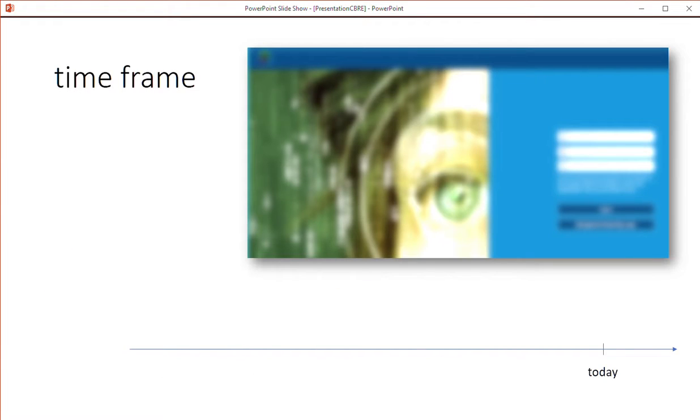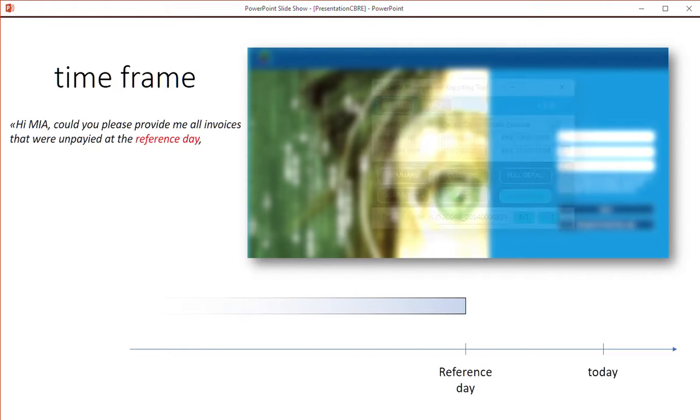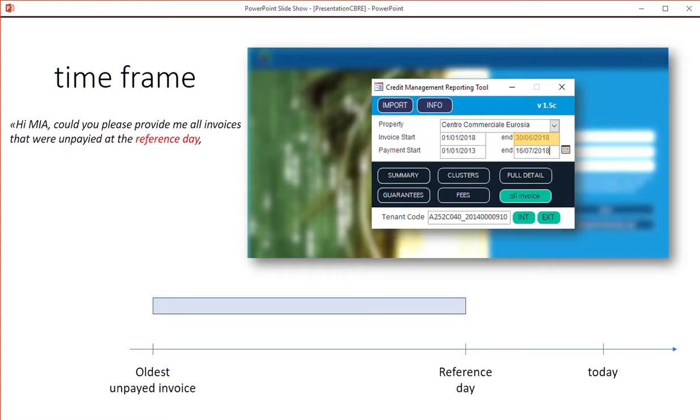Well, two basic concepts: the time frame, so it is the period of time that is under analysis. Information is updated daily, and the user asks to set a reference day in the past for making reports.